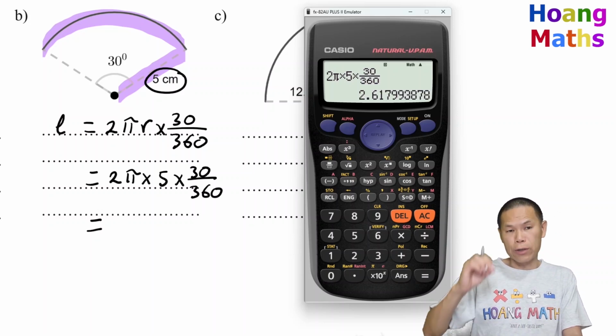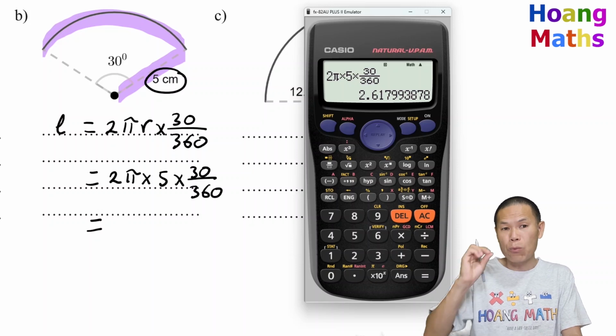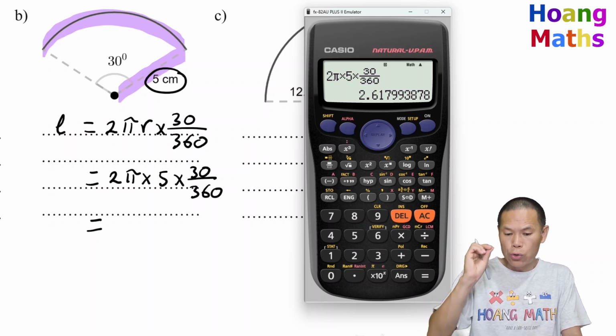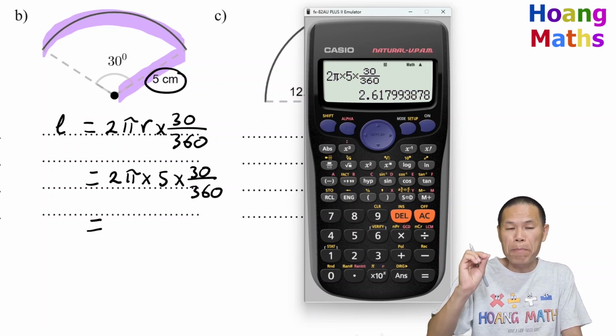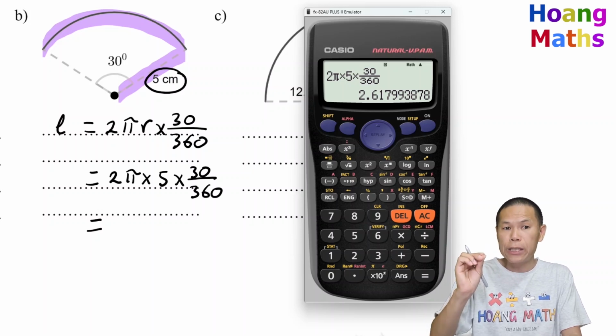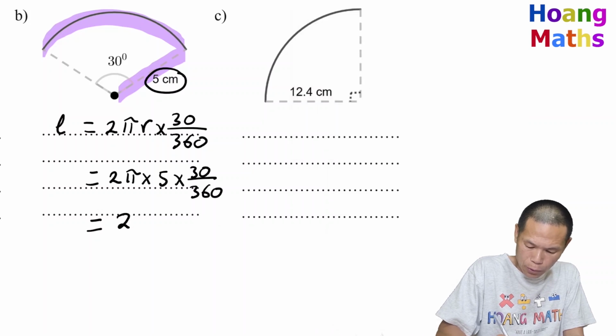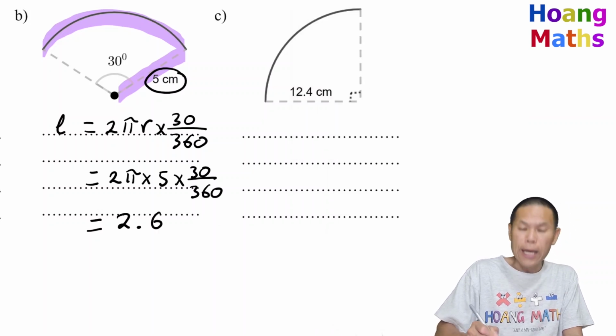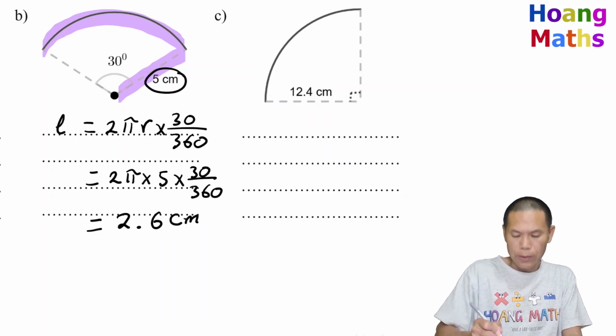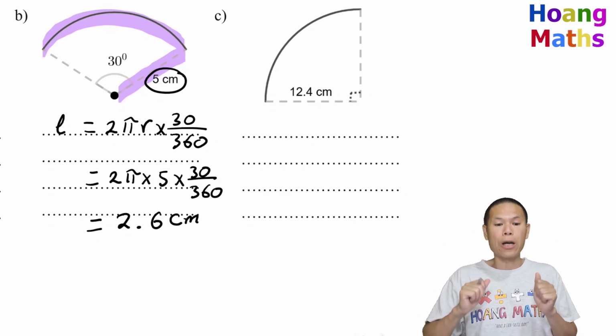There you go. Correct to 1 decimal place, that means one number after the decimal point, 2.6, because the number after 6 is 1, less than 5, so we keep it as it is. The answer is 2.6, and the unit is centimeters. There you go.